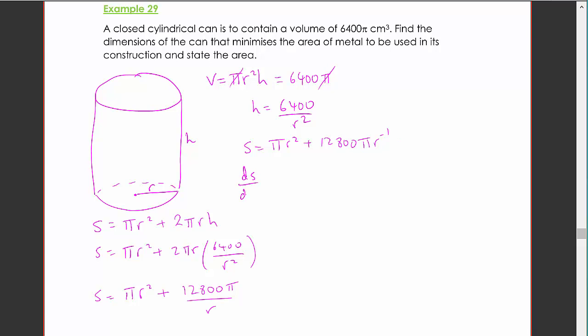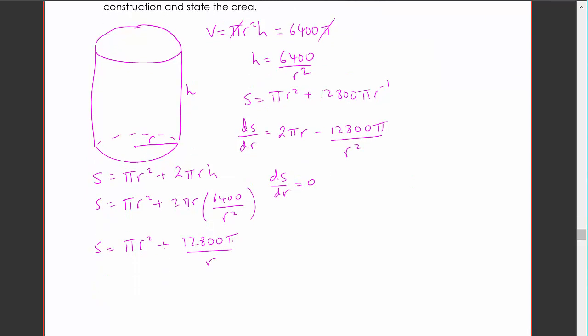So ds dr would be 2 pi r, take away 12,800 pi r to the negative 2, so over r squared, and we need that to be equal to 0. So we want ds dr equals 0.